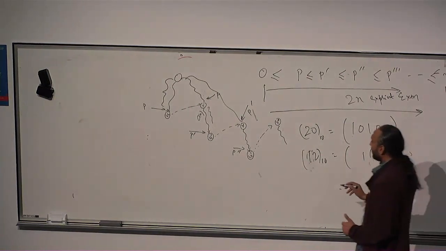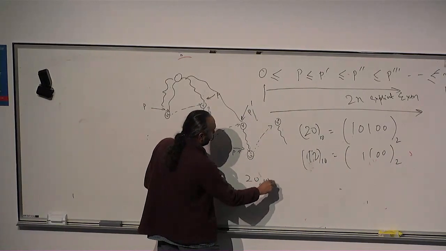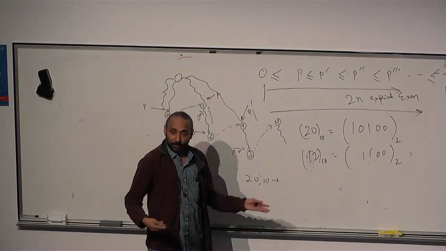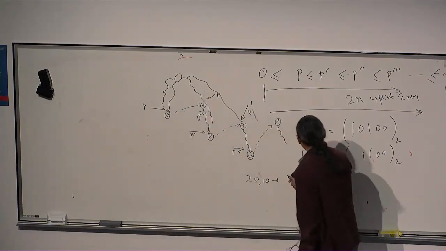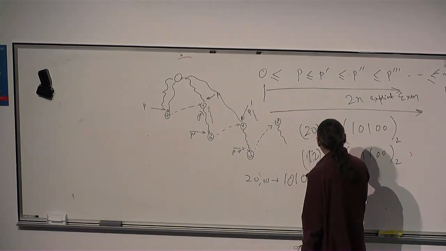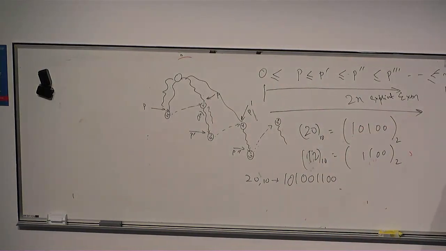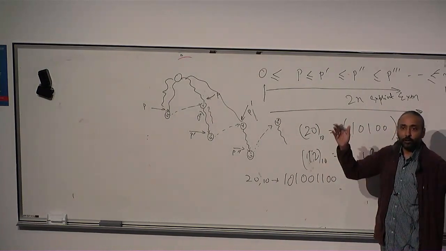So if I sent the numbers 20 and 12 in one message, I would have 1 0 1 0 0 1 1 0 0, because they are variable length. Now previously you could recover 20 and 12 because they were all 8 bits long.